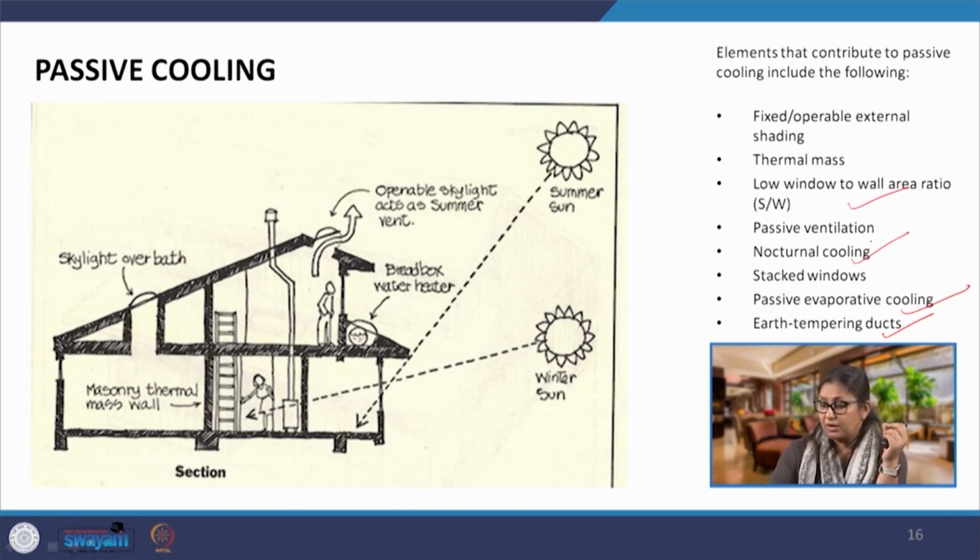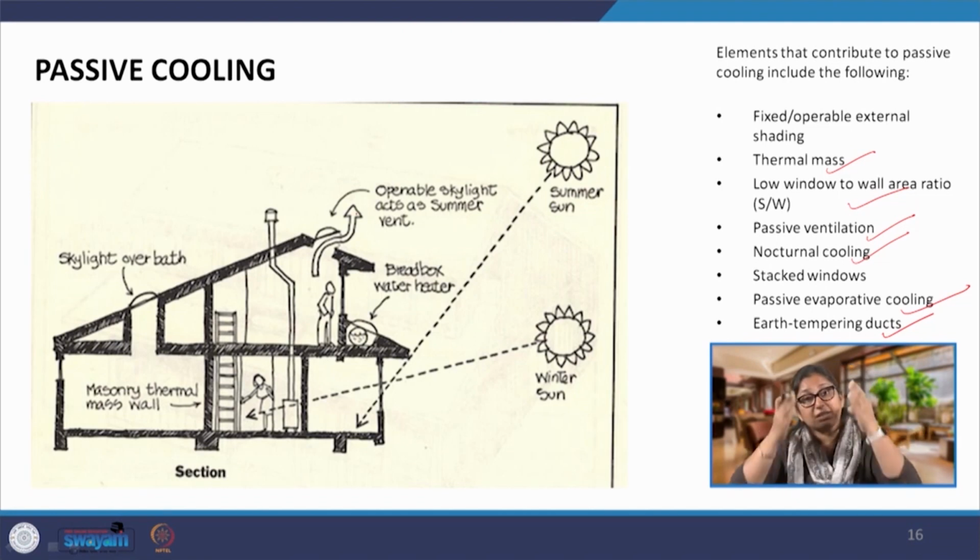We may be talking about passive ventilation and thermal mass. We may be talking about stack effect and ventilation, exhausting the heat through vertical shafts or chimneys. So, these are some of the strategies that we might be using for passive cooling.